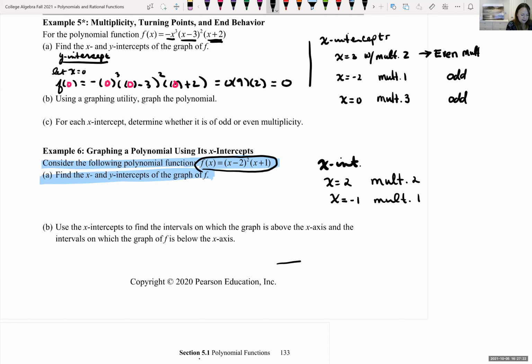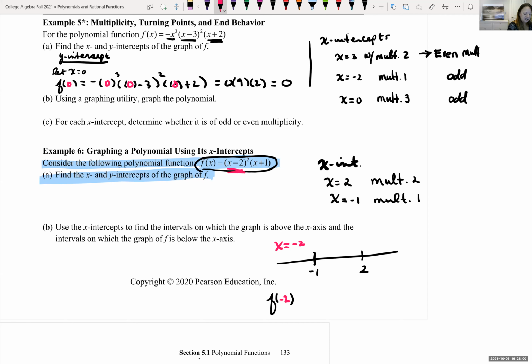So if we look at this, let's put this on our number line, and we have negative 1 and 2. We want to see what's going on. Is our graph above or below the x-axis on the left or right of these intercepts? And so we want to test values. We're kind of doing this like when we had quadratic inequalities last week. So choose a value that is less than negative 1. If I chose x equals negative 2, we want to know, if we plug in negative 2 wherever we see an x, are we going to get back a positive or negative number?